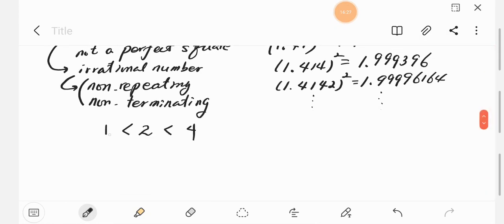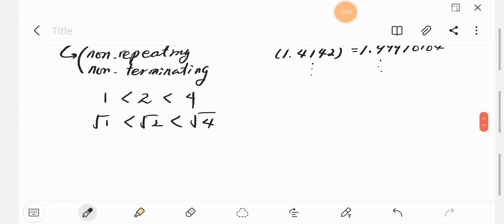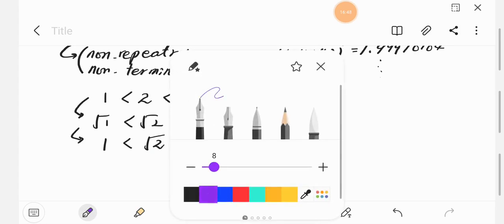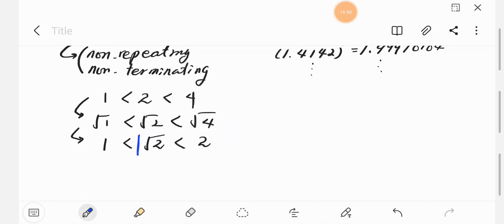So when we take the square root of each number, square root of 1, square root of 2, square root of 4, what is the result? This is 1, square root of 2, and square root of 4 is 2. So from this we can see that the square root of 2 is between 1 and 2. Is it true?